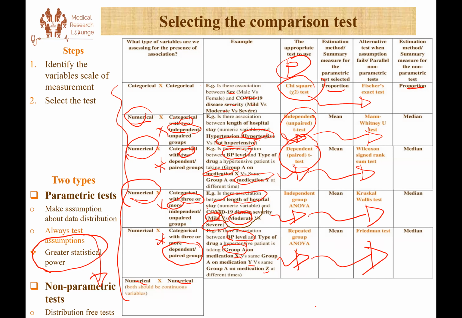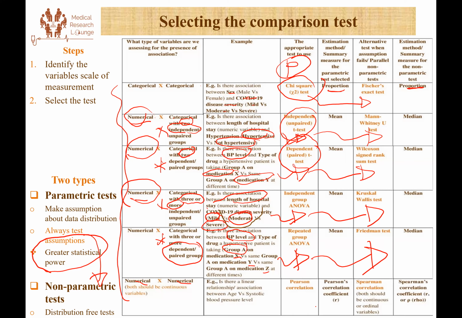After conducting these, the last variable combination we can have is both numeric variables. When we have both numeric variables on a continuous scale, for example, if we try to assess the relationship between age and systolic blood pressure level, and if we decide to analyze them both as numeric variables rather than as groups, then the proper test to use is Pearson correlation.